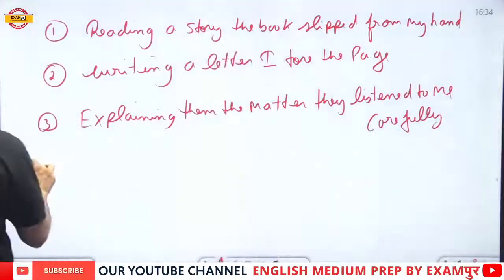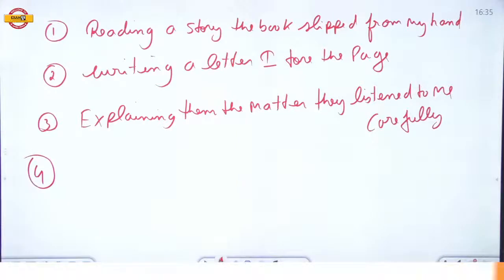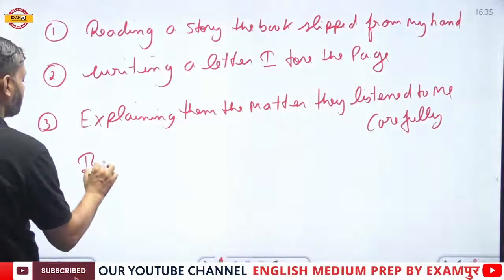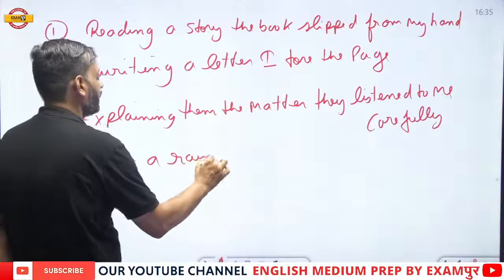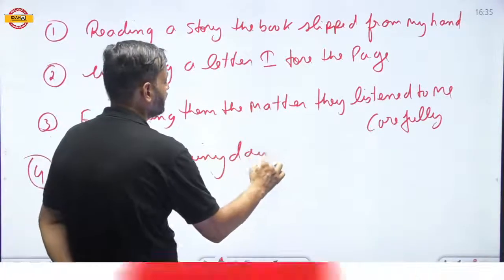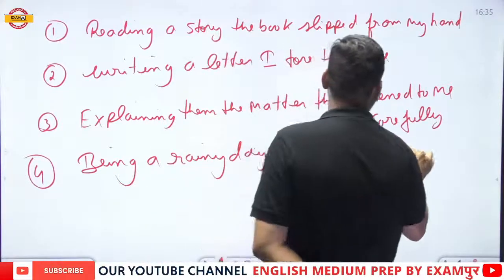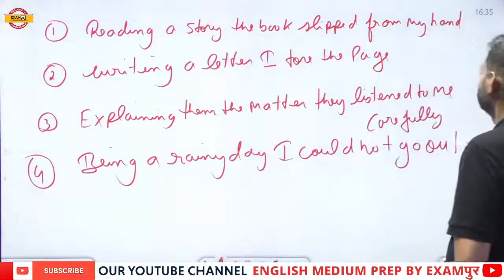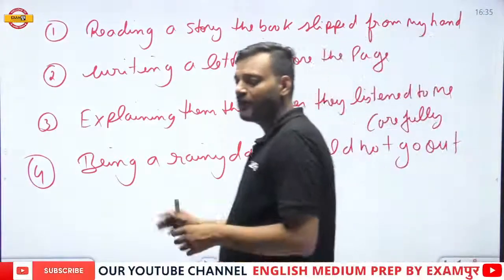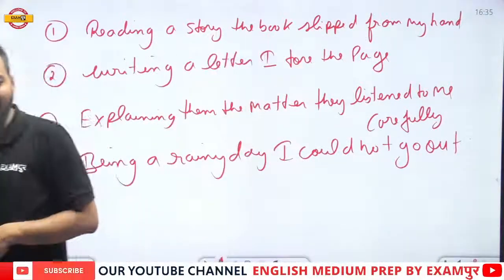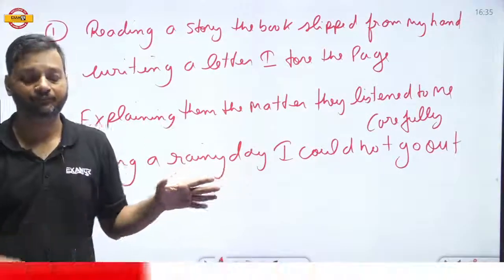Fourth sentence. Being a rainy day, I could not go out. Now tell me, out of these four sentences, which is correct? Like, out of these four, which sentence has no error? Answer me.